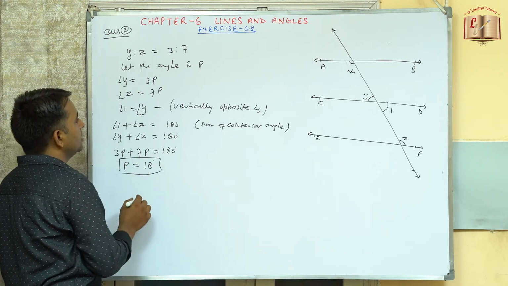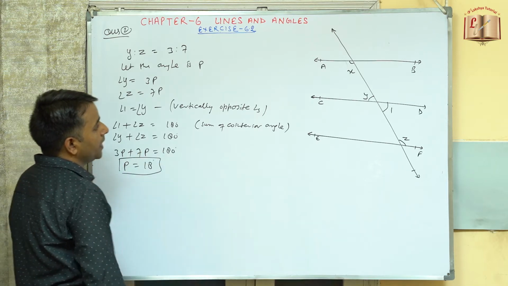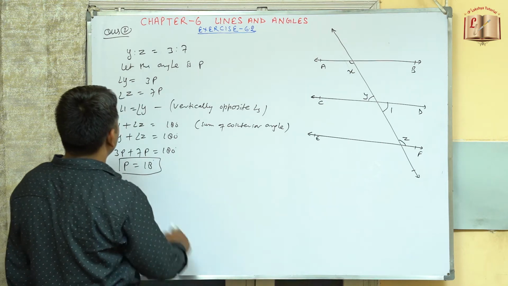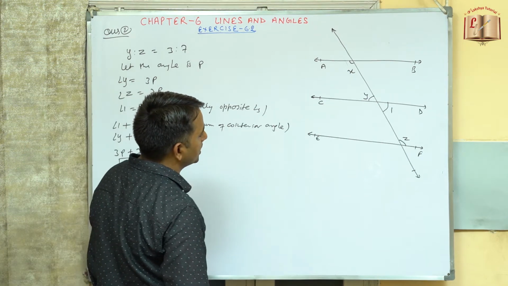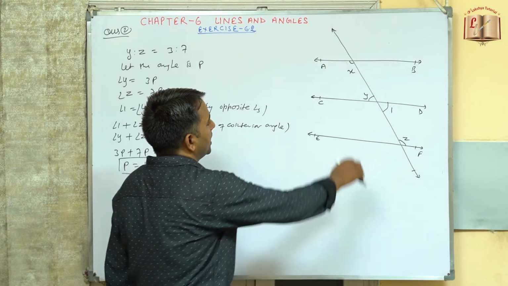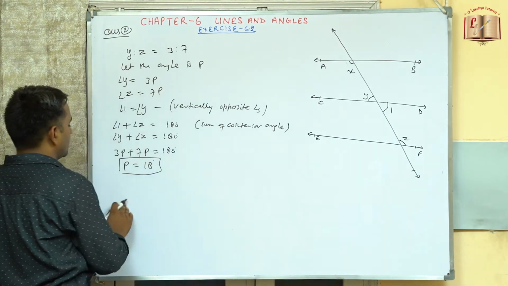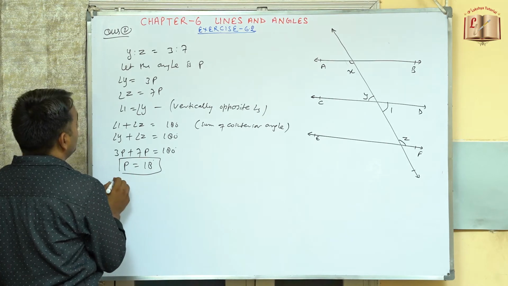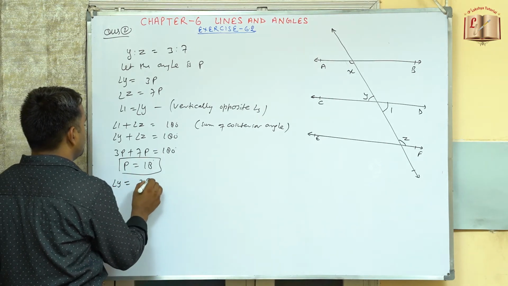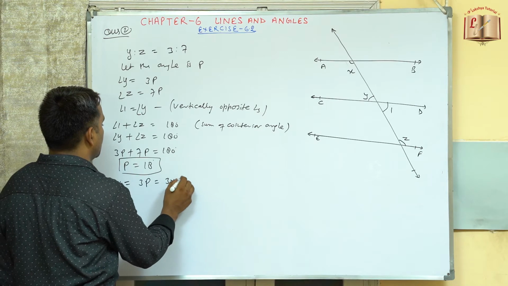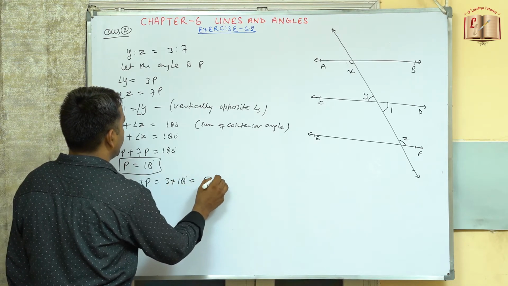Now P is 18, so we can find out angle x and y. We can find all the angles now from here. So angle y will be equal to 3P, so this is 3 into 18, so this is now 54 degree.